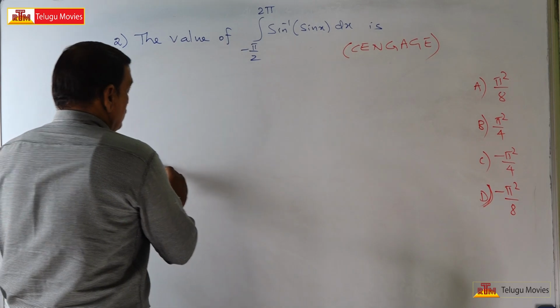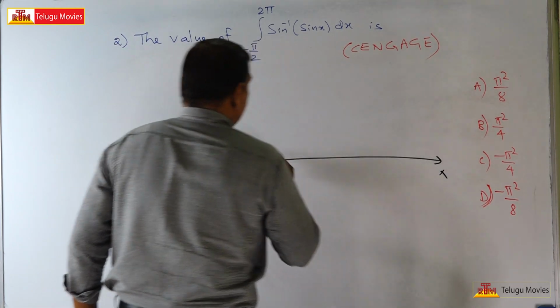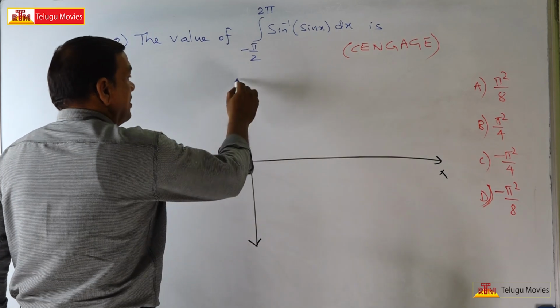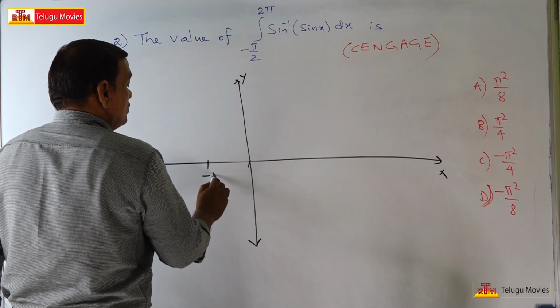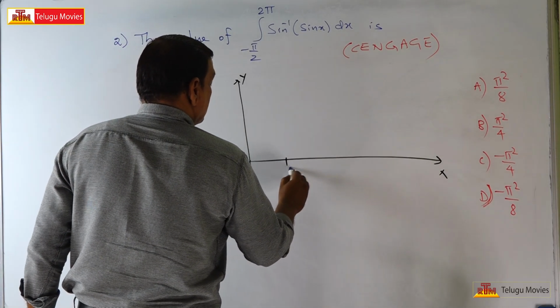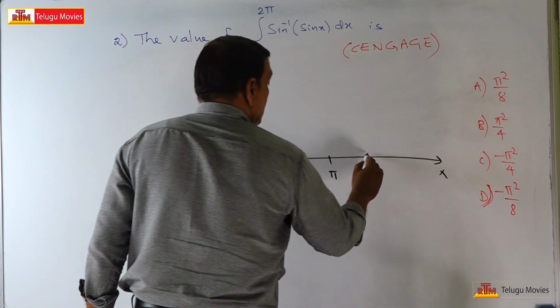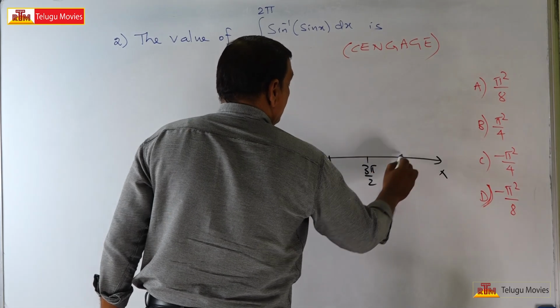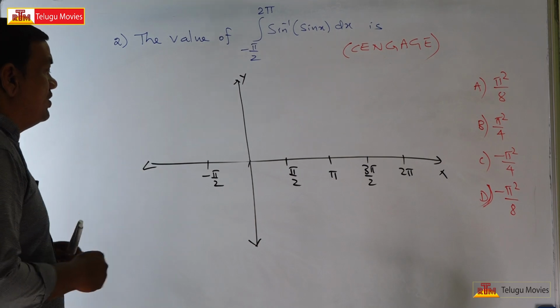This horizontal number line is the x-axis and the vertical number line is the y-axis. This is minus pi by 2, and this is plus pi by 2, and this is pi, and this is 3 pi by 2, and this is 2 pi. Observe here.